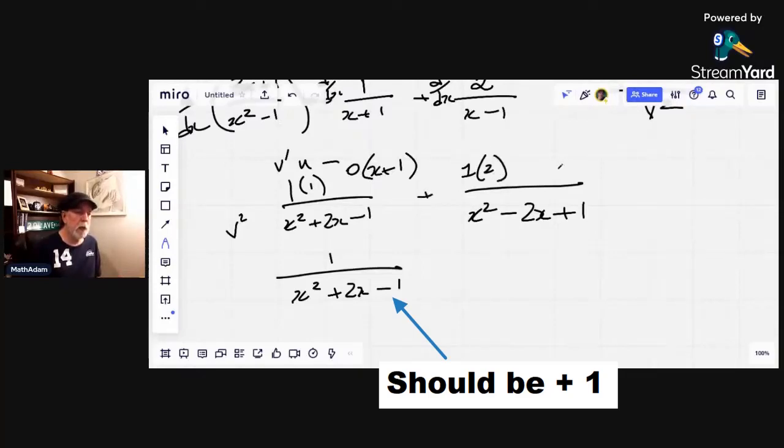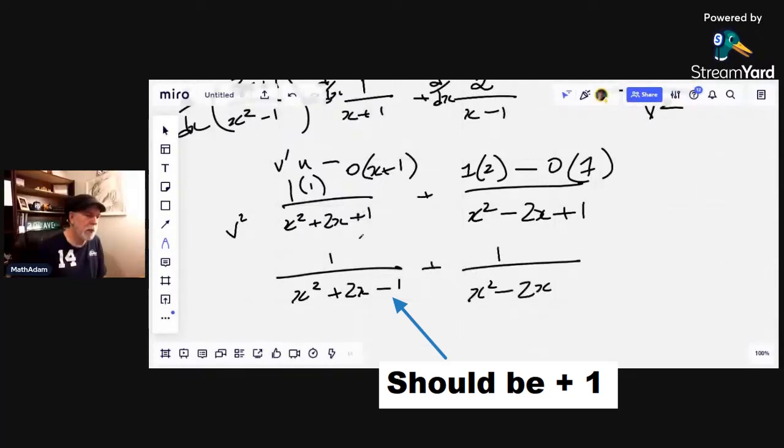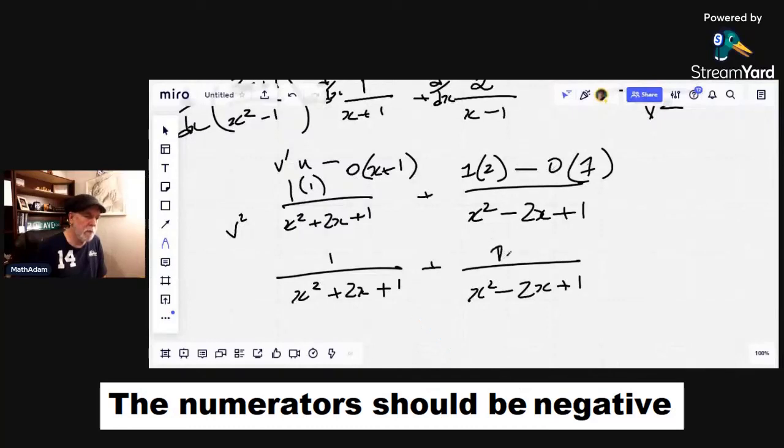Minus u prime? Well, again, we just got 0 times 1. So the u prime is easy because it's just a constant. So we end up with 1, plus... that should be a plus 1, and this should be 2. And this, I believe, is your whole derivative.